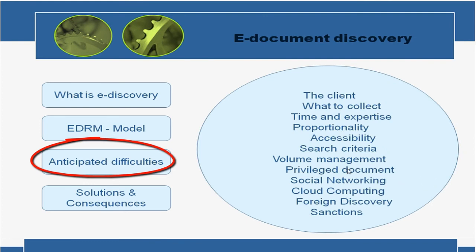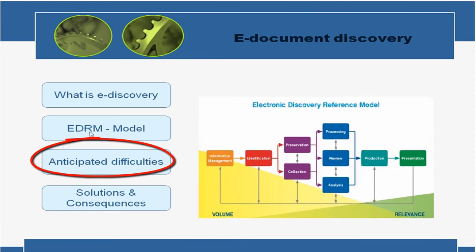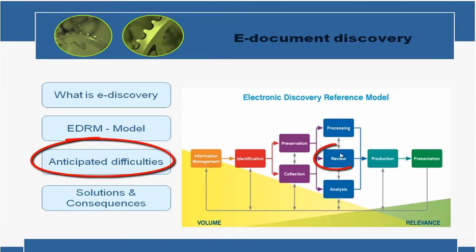Of course, you have to take care not to accidentally produce privileged documents, and that simply means you must undertake a proper review process at this stage when you're conducting your review of your documents. The review and analysis will be very crucial at this point.